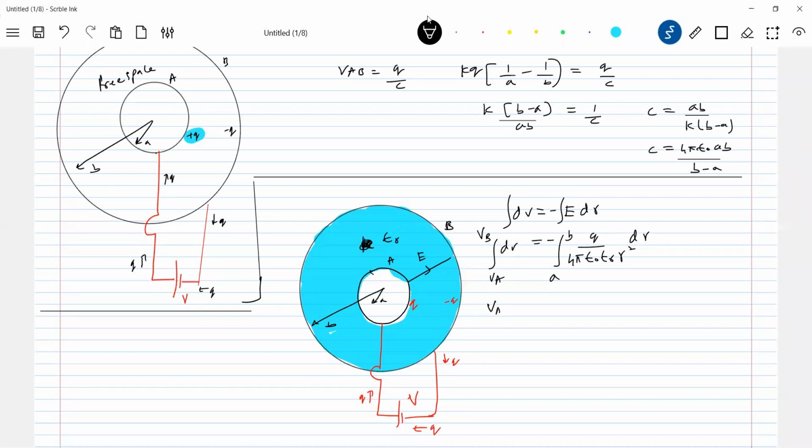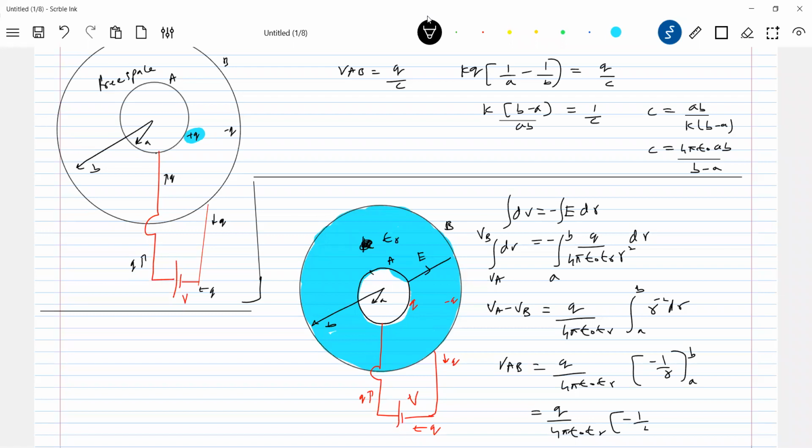So this will become VA minus VB equals Q by 4 pi epsilon r outside, integral of minus 1 by r from A to B. Everything is the same, only that epsilon r additionally comes. Therefore VA minus VB by Q will be B minus A by 4 pi epsilon r AB.